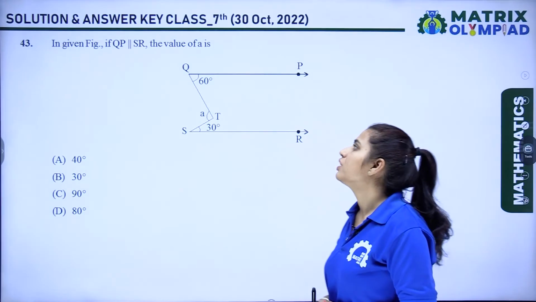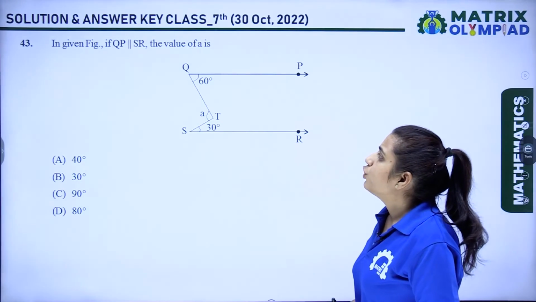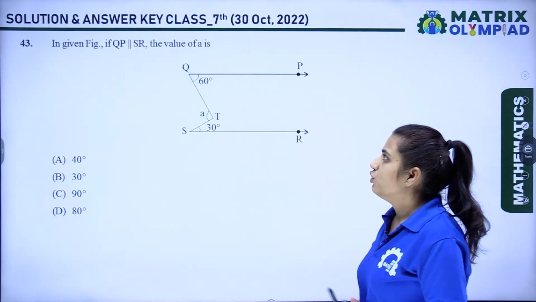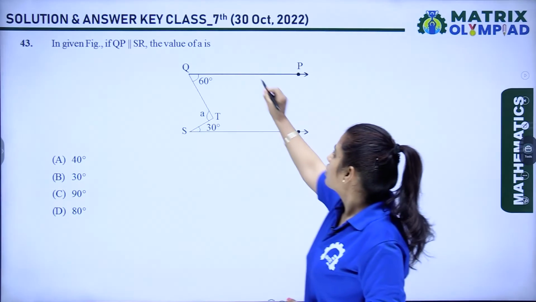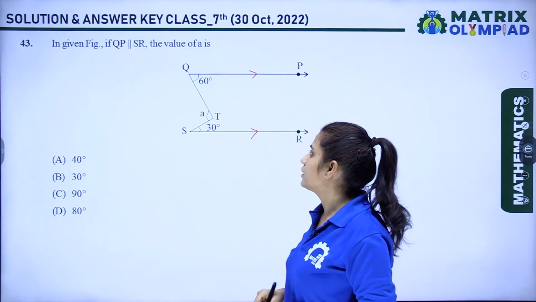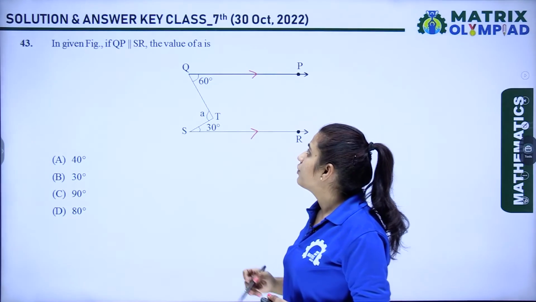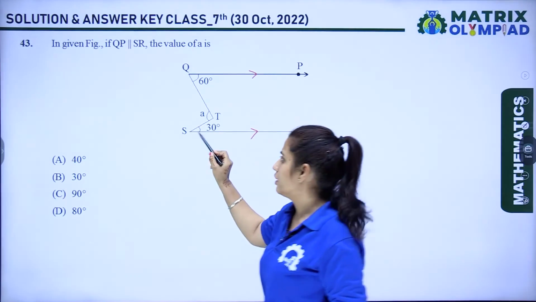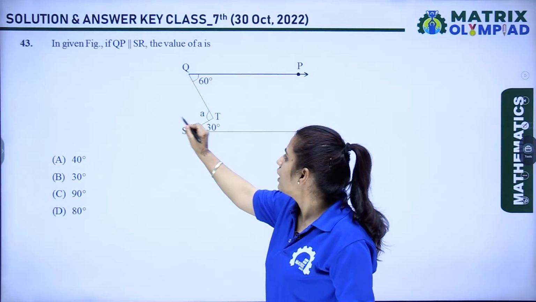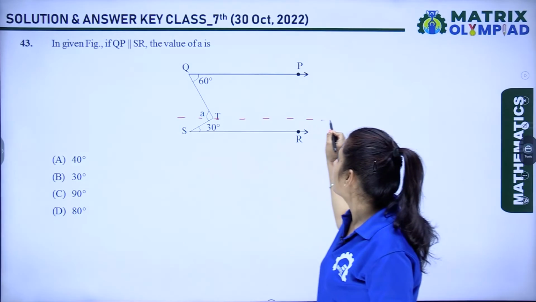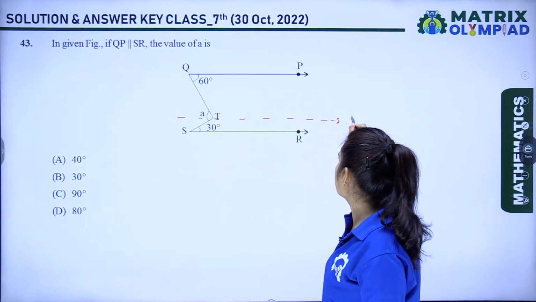Now let's solve the next question. In the given figure, if QP is parallel to SR, the value of A is. Now we have to find out the value of A here. Let's draw a line L parallel to SR and QP.